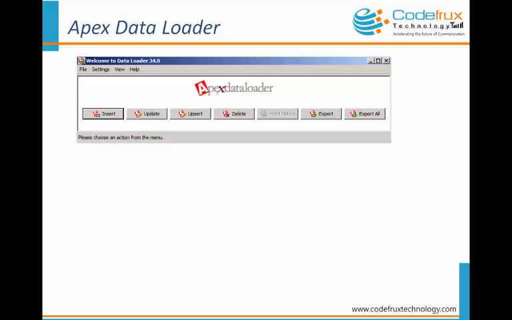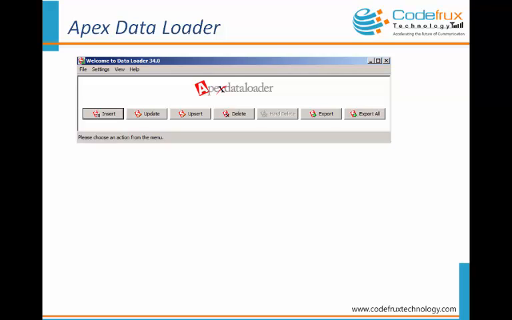The third one is upsert, which is used for a combination of both insert and update. The records that are not available in Salesforce will be inserted, and those which already exist in the Salesforce application, the matching IDs will get updated. The fourth one is delete, which removes the records in the Salesforce application that match the file record IDs.